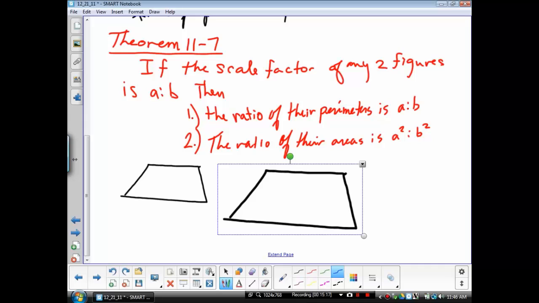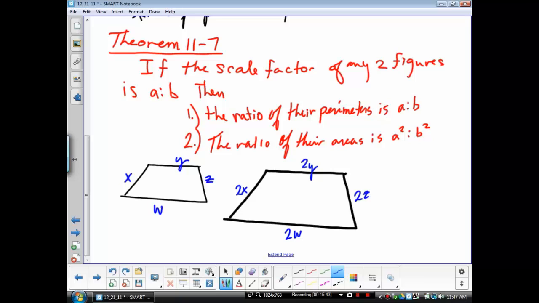Because if you have, say your scale factor is a 1 to 2, that would be x, this would be 2x, y, 2y, because always your size will be 2 times if it's a 1 to 2 ratio. So let's just continue z, 2z, and w, 2w.